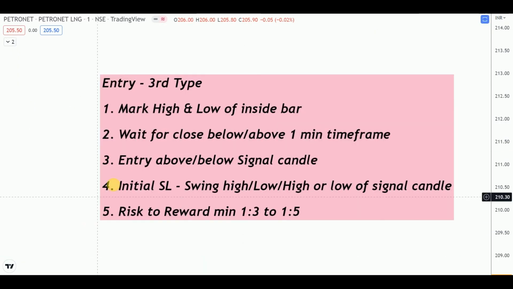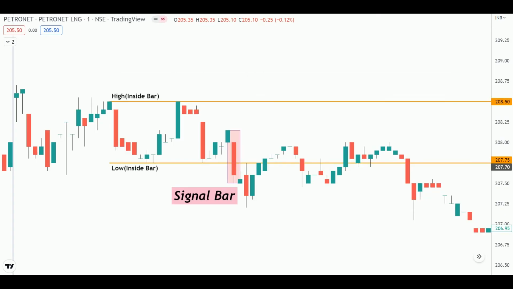Our entry will be above or below the signal candle. Let's look at this on the chart. Once the signal candle is formed, which closes outside of this range of the high and low of the inside bar, we will mark the high and low of the signal candle like this one, and we will enter at the low of this candle, and we will also see where to put our stop loss.